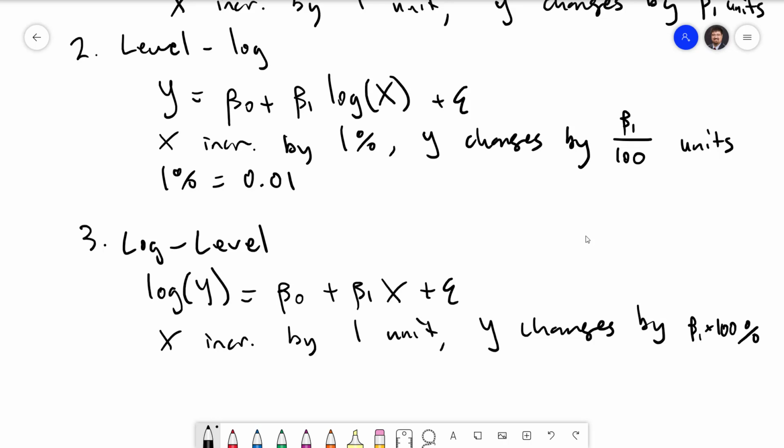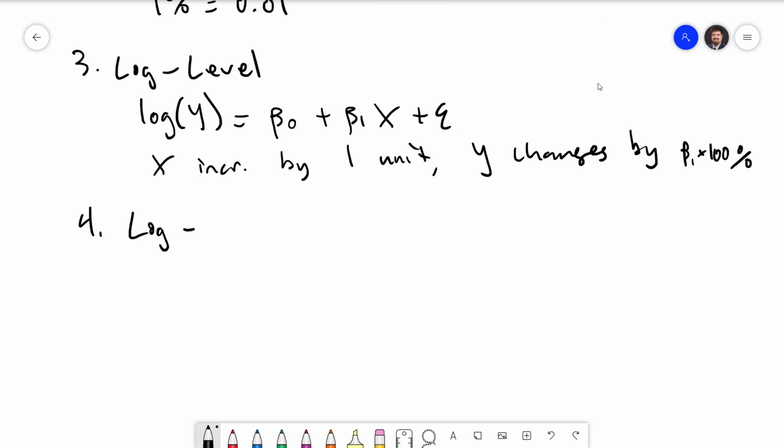This time, x does not have a log on it, so that's measured in units, and y has the log, meaning it's measured in percentages. Here we are converting from not percents on the x side over to percents on the y side, so we're going to need to multiply by 100.